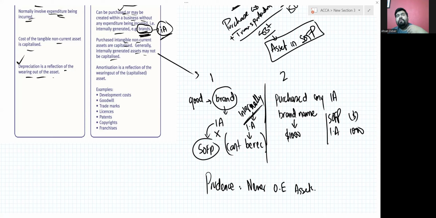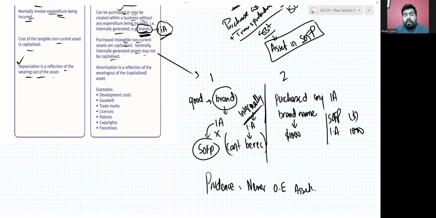So obviously, we will not be confirmed about the exact amount, because the exact amount is basically confirmed when we are going to sell it to someone. But if it's internally generated, we will not have the exact amount.